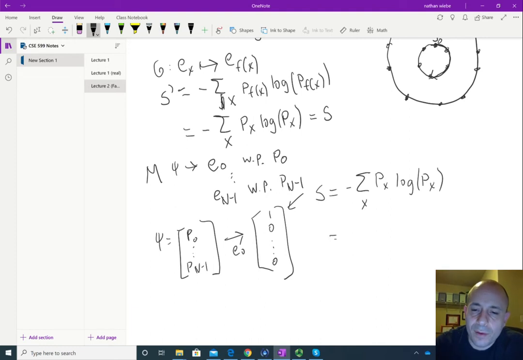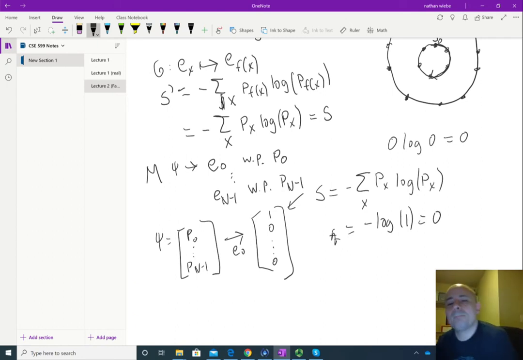And if we use the convention that 0 log 0 equals 0, then the Shannon entropy is equal to negative log 1, which equals 0.